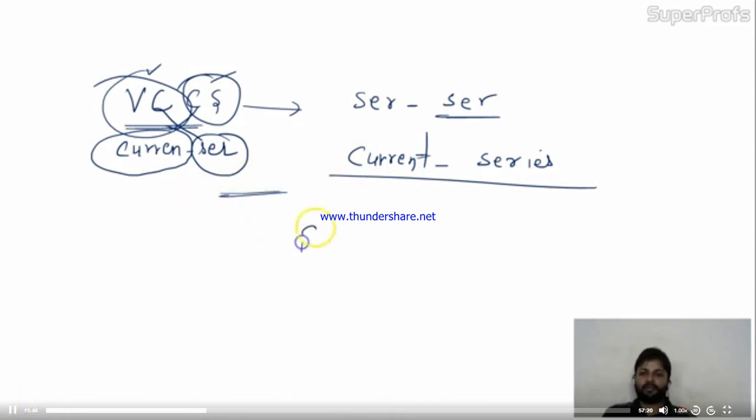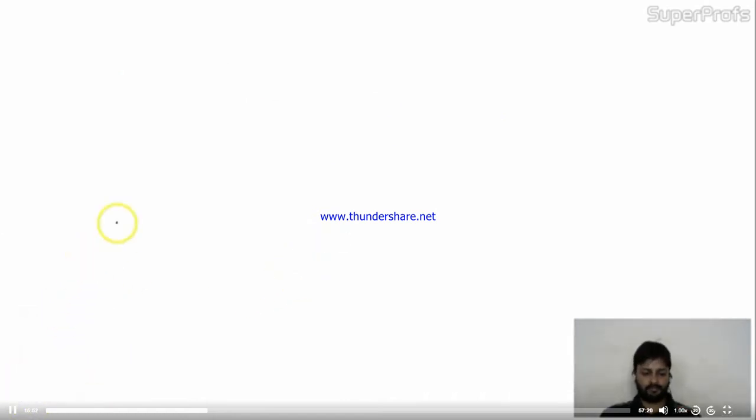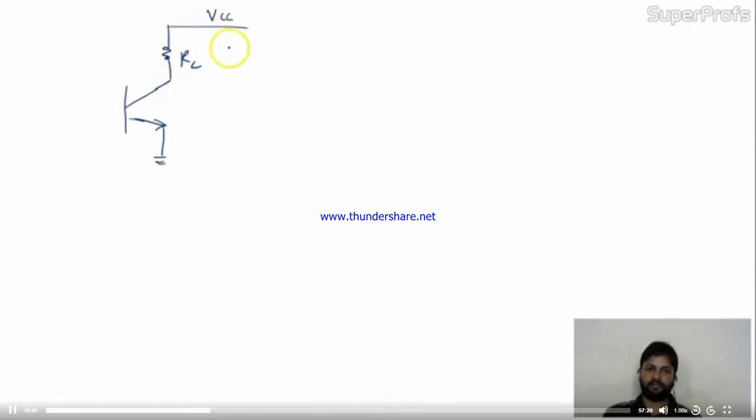Now we'll take problems and we'll finish this chapter today only. Okay. So this is the GATE problem and the circuit is given. Let me draw over here. Grounded, RC connected with VCC, again a dual stage amplifier.